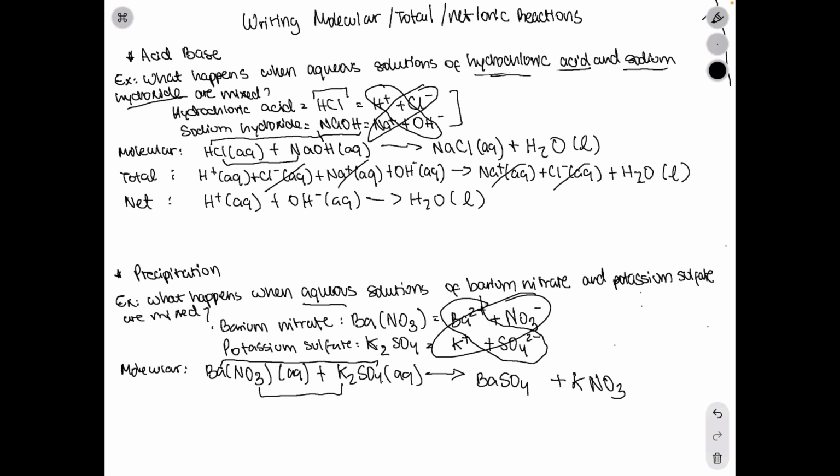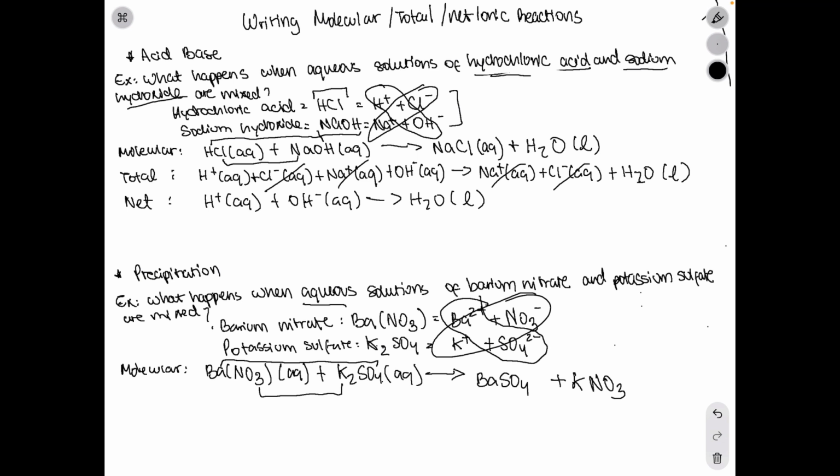So then now you go to your solubility table and look for barium. Barium 2 plus and sulfate, it says it's insoluble.